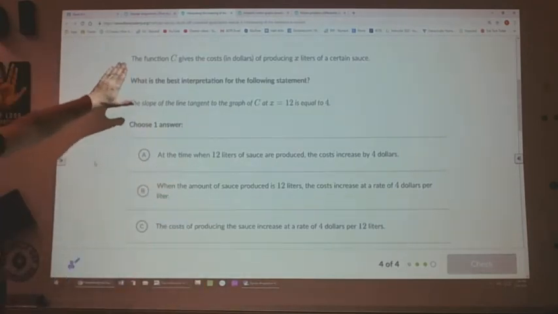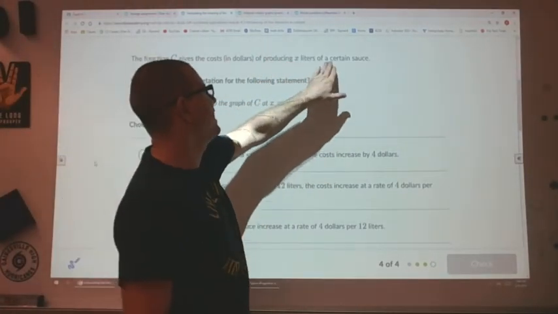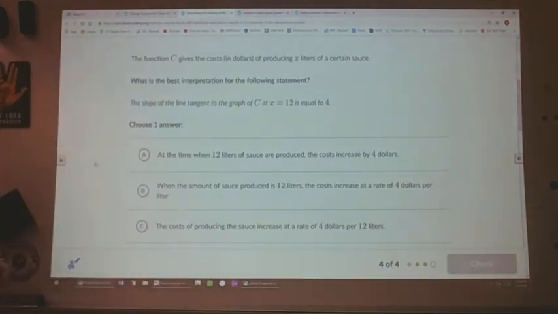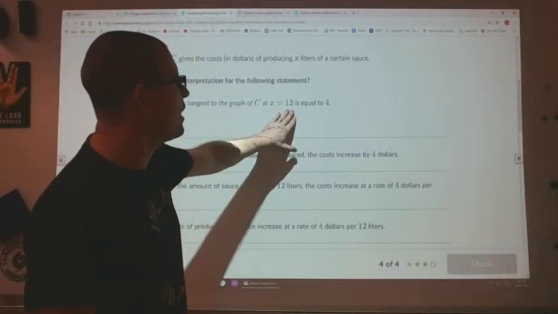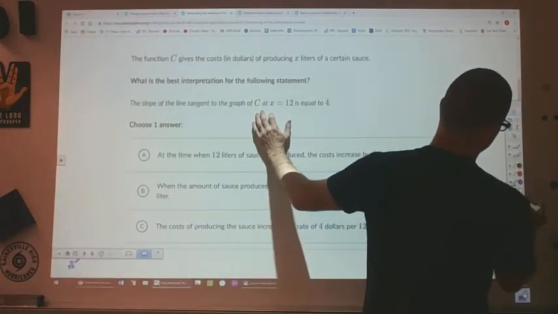And here we have the function c gives the cost in dollars of producing X liters of a certain sauce. The slope of the line tangent to the graph of c at x equals 12 is equal to 4. All right.